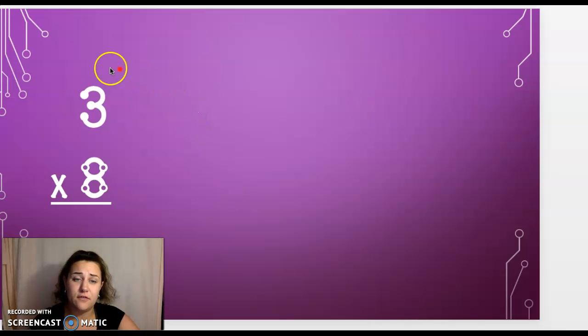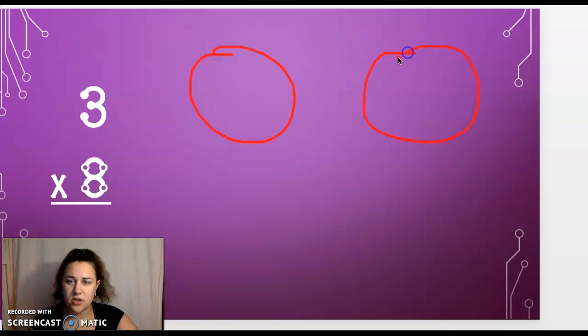So my first digit tells me how many groups I'm going to need. So how many groups am I going to need? 3 groups. Awesome job. So 1, 2, 3. Easy peasy. Now my second number tells me how many I should put in each group.